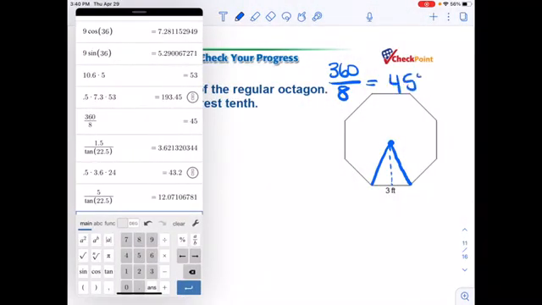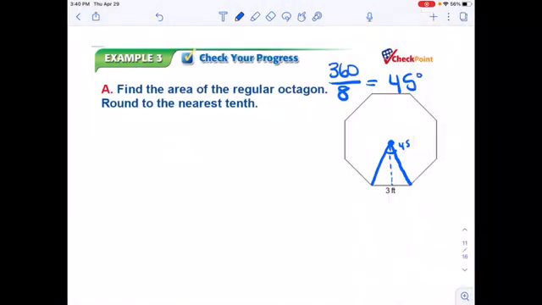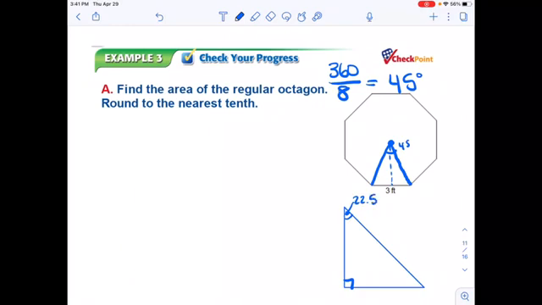That gives us 45 degrees for our central angle, which means when I redraw just my right triangle, my angle of my right triangle is half of that, or 22.5.